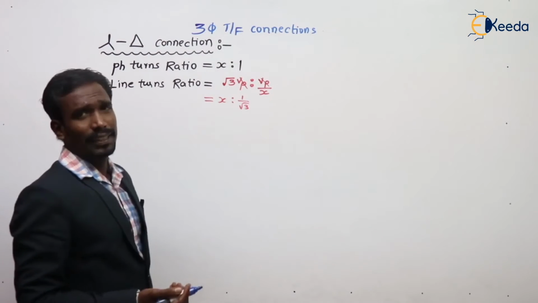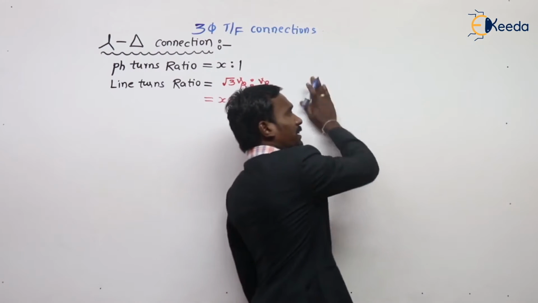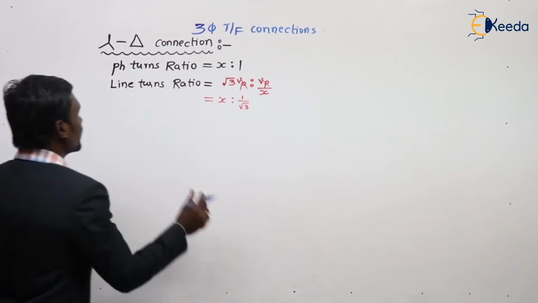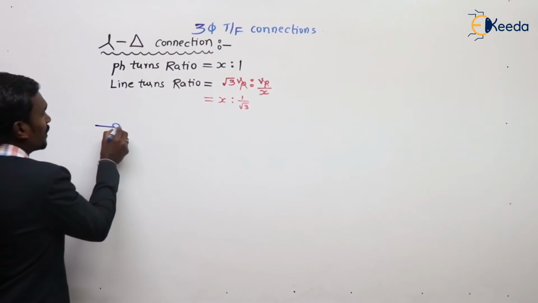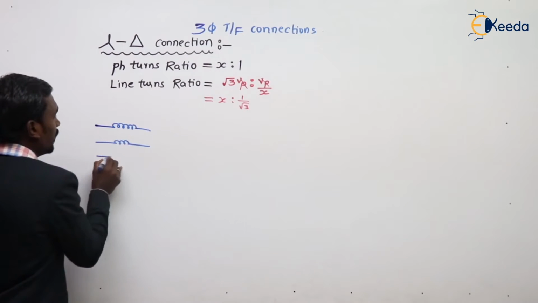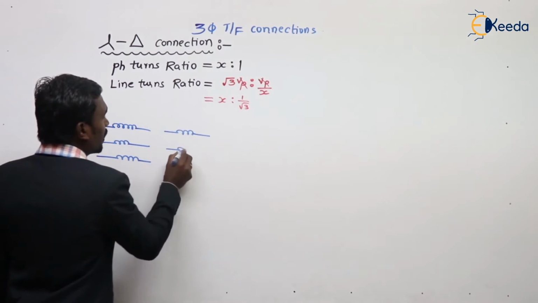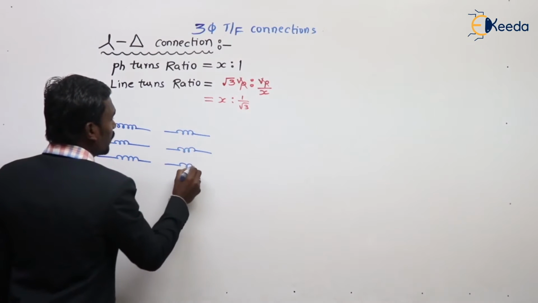Now that is completed. Now let's go for connection diagrams and configurations. First, see here, these are the three phases of my primary winding, and these are the three phases of the secondary winding.